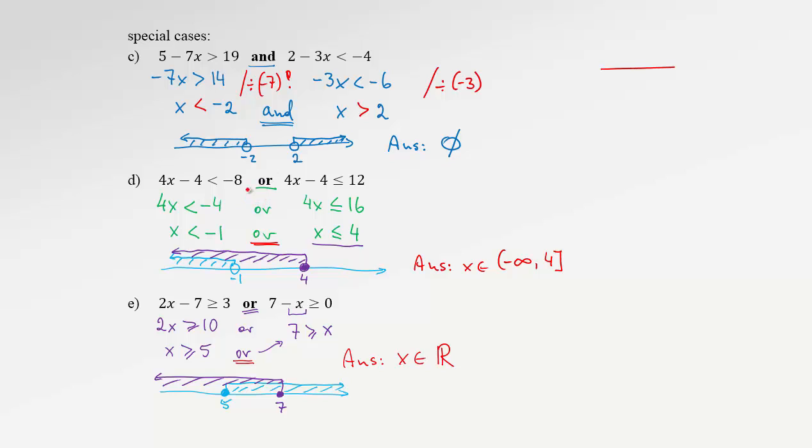Second example, usually when we have two inequalities connected by or, we would expect two segments in an answer with the union. But in this case, we end up with one segment, because the other blue segment was actually a subset of the purple one. And one more example with or. This time, since the two segments overlap, when we take the union of those two segments, we end up with all real numbers, with entire number line.